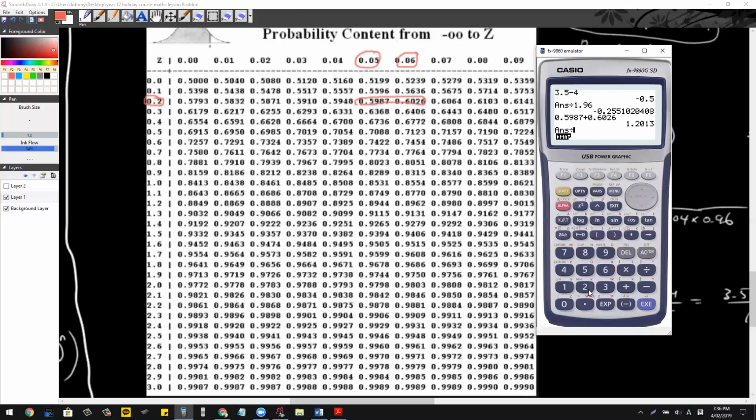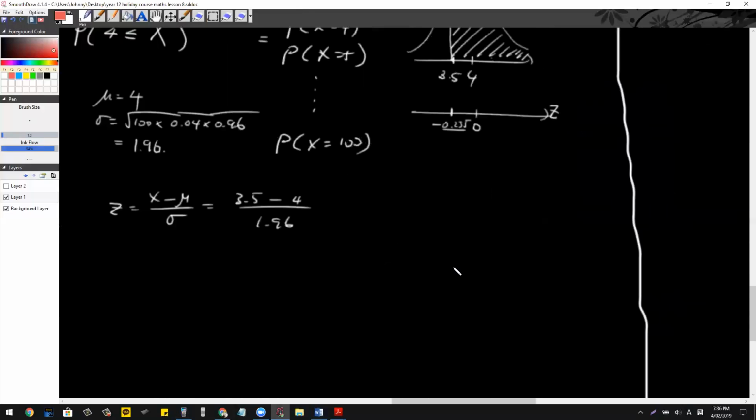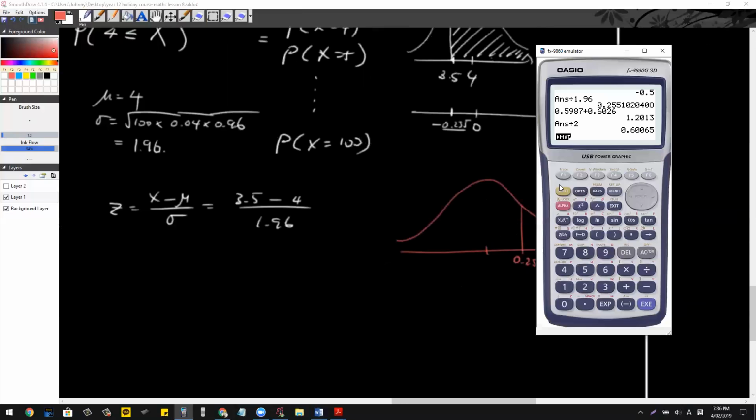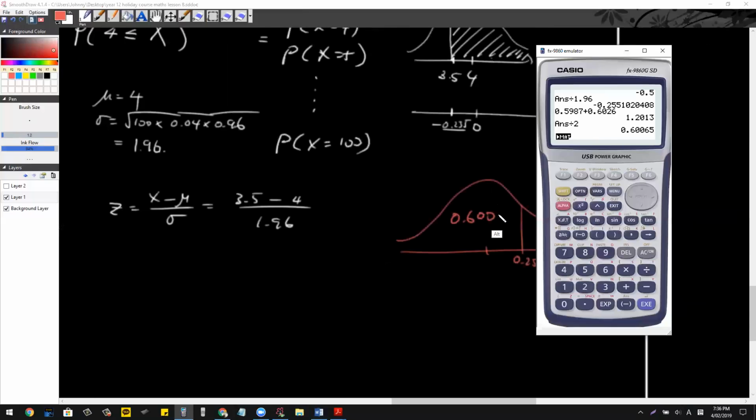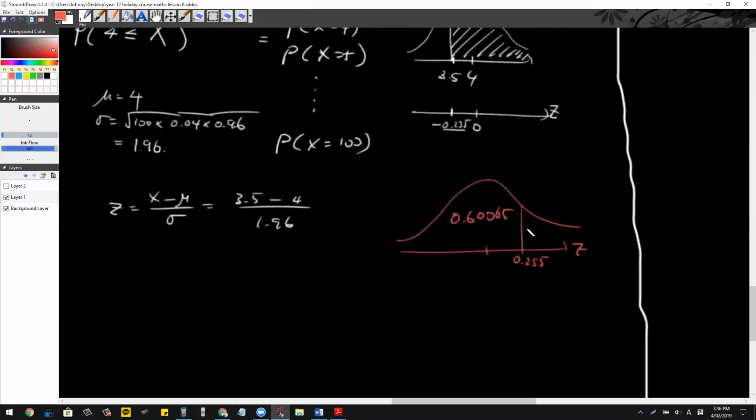So that gives me that. Because this z-score table only gives me area for positive z-score, so this one is 0.255 and the area is 0.60065.